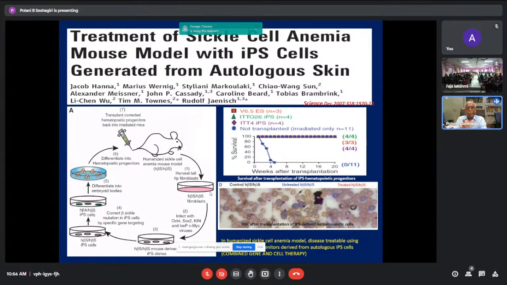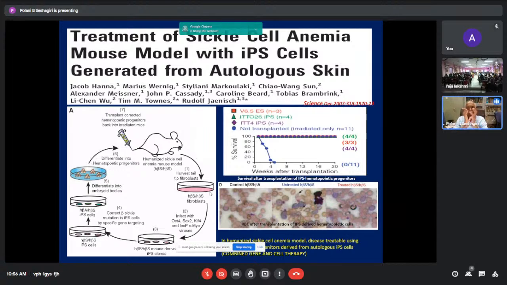And in fact, Christian Medical College in Vellore has been very instrumental in producing clinical grade iPS cells from the patient and trying to do genetic defect corrections and then transplantation in hemophilic patients and so on.